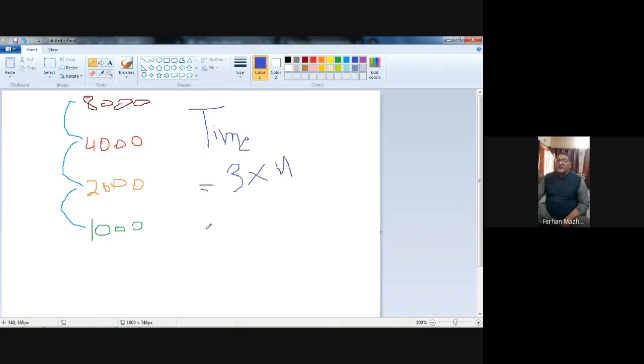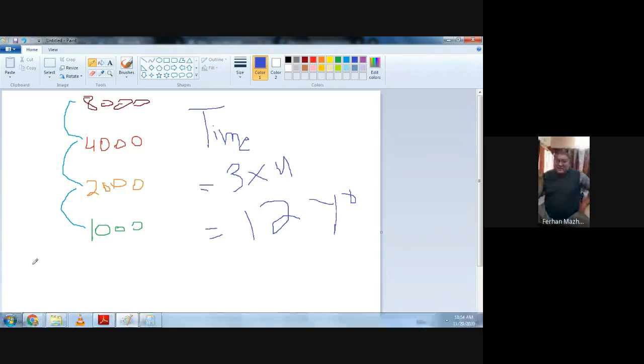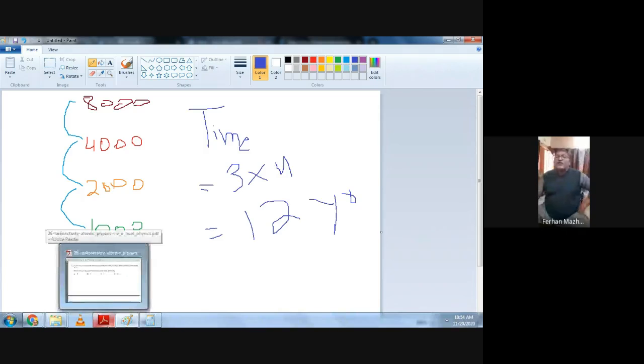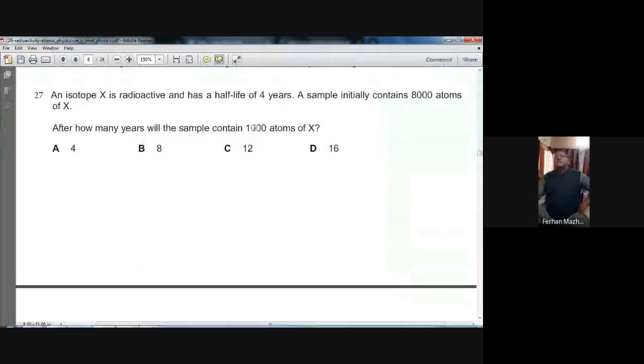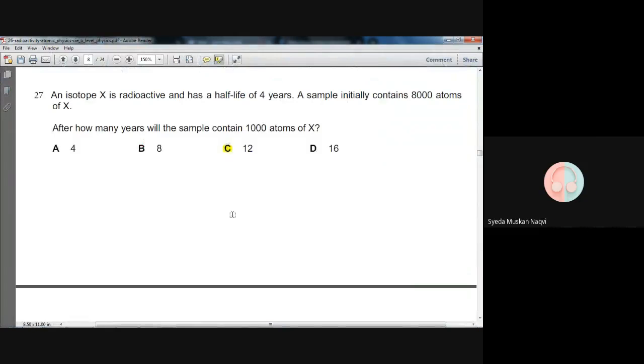So we multiply them. The time passed is 12 years. Because 3 half-lives have passed, 3 multiplied by 4, each half-life being 4 years, so 12 years. So what is the choice here? C. C is the right answer.